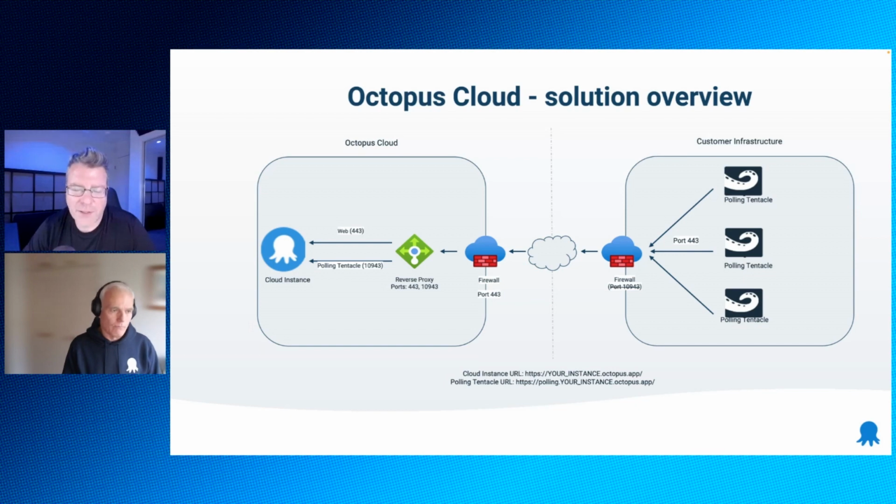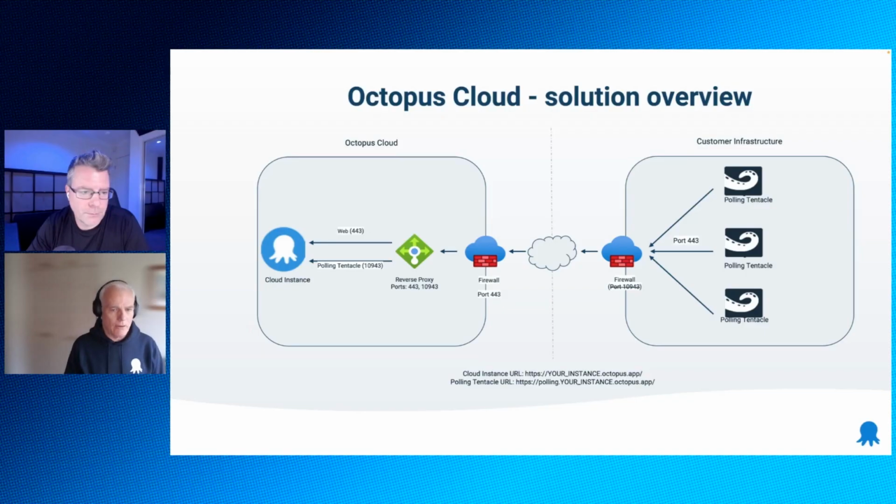Now, this is done all over 443, comes in through the cloud, and then we do a reverse proxy, which I guess means that from the side of Octopus Cloud internal, your cloud instance, that all comes in through a standard polling tentacle, but we communicate on the outside. Nothing changes. It's all 443. Is that right? That's correct.